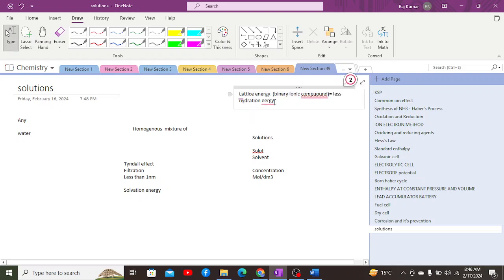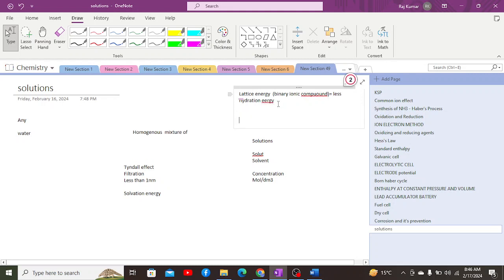lattice energy is high in case of the weak electrolytes, which are the heavy metals. Heavy metals basically have a large number of protons, which increases the charge, due to which nuclear force is increased and their atomic radius is decreased, giving a smaller size.